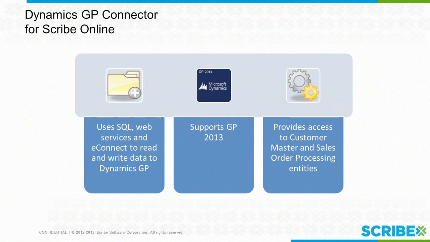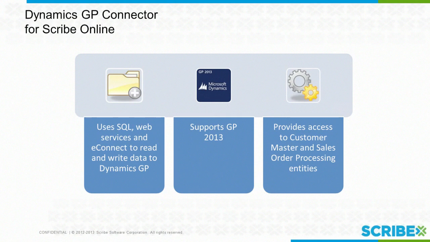In fact, if you have other objects that you're trying to access in GP, you can also do that through our SQL connector, because our SQL connector supports a native query capability. You can write your own queries to go directly to the GP database on the source side, and the SQL connector also supports stored procedures, so you can use the SQL connector to access stored procedures in eConnect that we don't provide today in the connector.